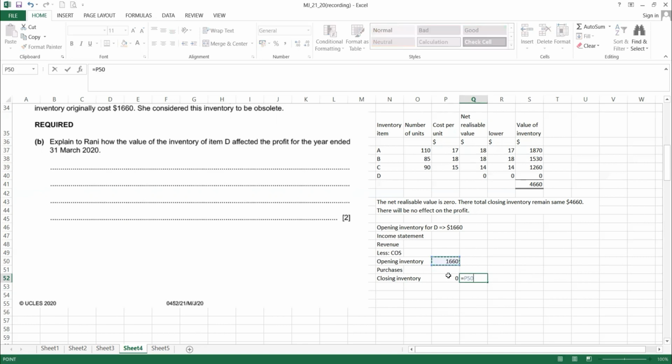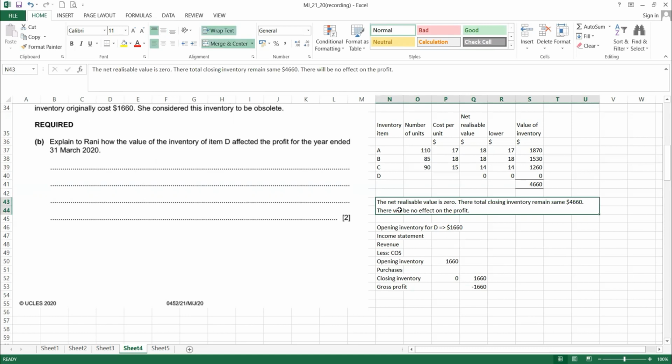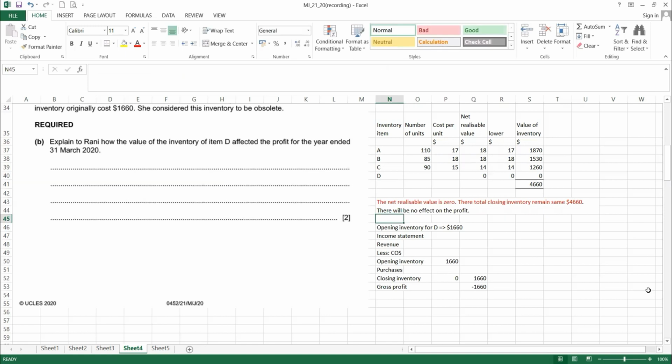By right, using the equation, we have the cost of sales 1,660, and in this situation, it will affect the gross profit. Take the revenue minus cost of sales. You notice that this is negative. Negative means that this is a decrease on the gross profit. So by right, on this answer, yes, I agree that the closing inventory still remains the same.